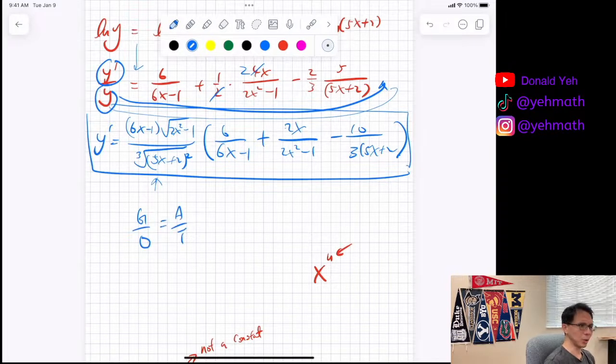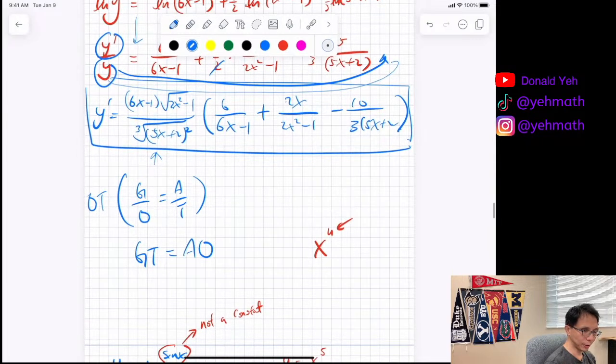I'm solving for O. So then you multiply OT on both sides. So that is going to give you GT equal to AO. If I solve for O, then O equals GT over A.